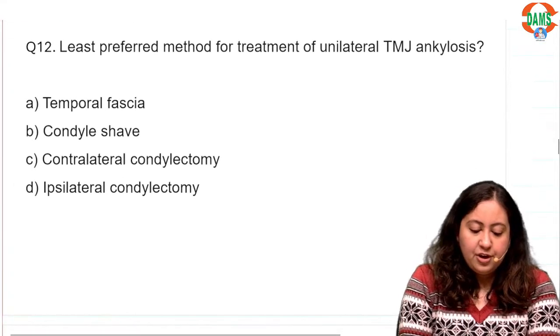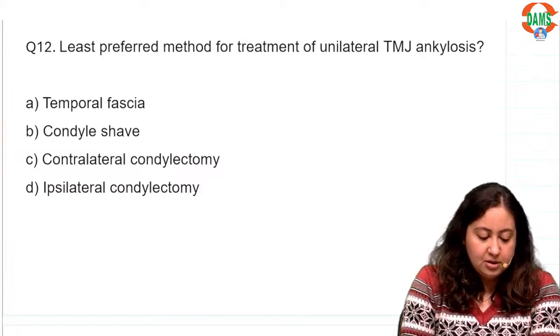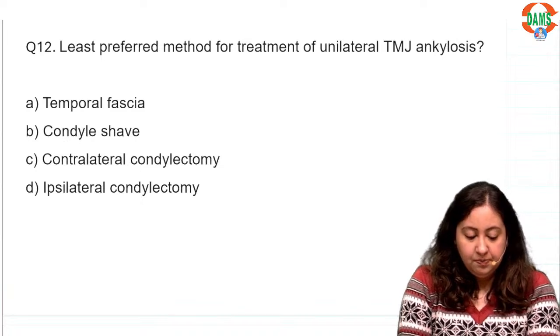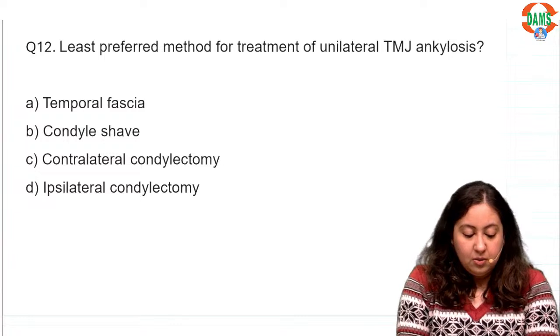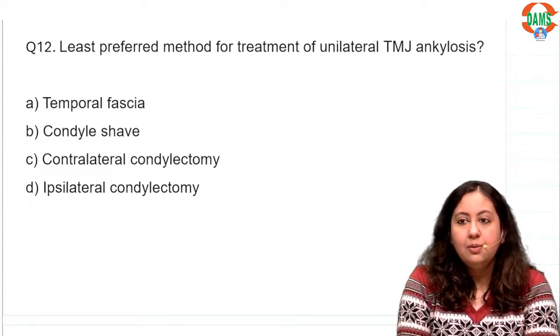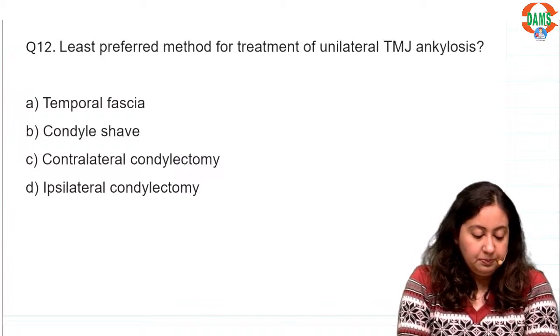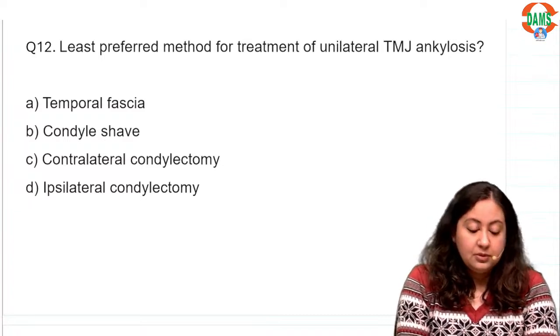Least preferred method for treatment of unilateral TMJ ankylosis. Question number 12. Option A is temporal fascia, B is condylar shave, C is contralateral condylectomy, and D is ipsilateral condylectomy. Alright. So you let me know your answers. Although this is a very, very absurd question. I do not know why and how this question has been framed, but we still have to pick the best answer amongst the given options. So please let me know your answers. Least preferred.